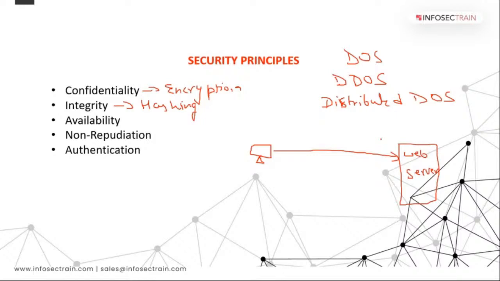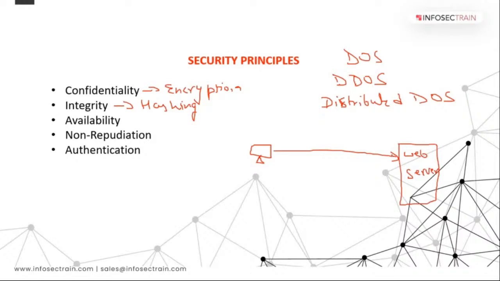Will that be happening? No. Why? Because one PC is sending the chunks one by one, and it will take a lot of time to eat all the resources of this web server, right?